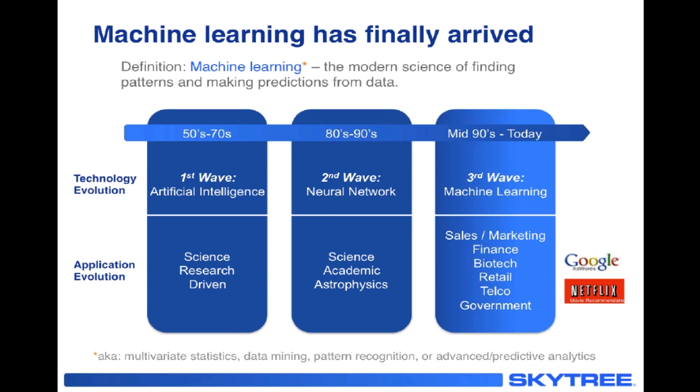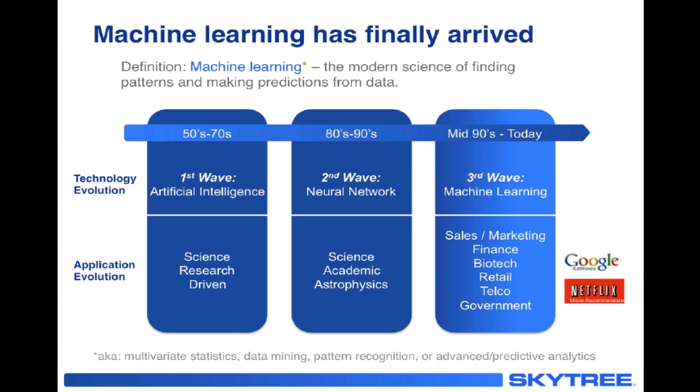So where are we, basically, roughly the history, just briefly, of machine learning? Well, in some sense, it's finally arrived, in terms of wide-scale adoption in industry. In the 50s, 60s and 70s, a lot of the work occurred under the goal of AI, so a lot of it was research-driven.